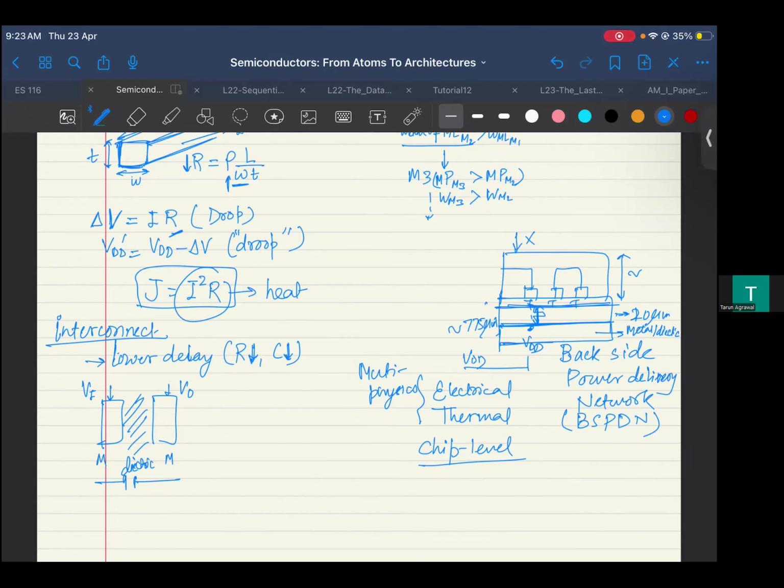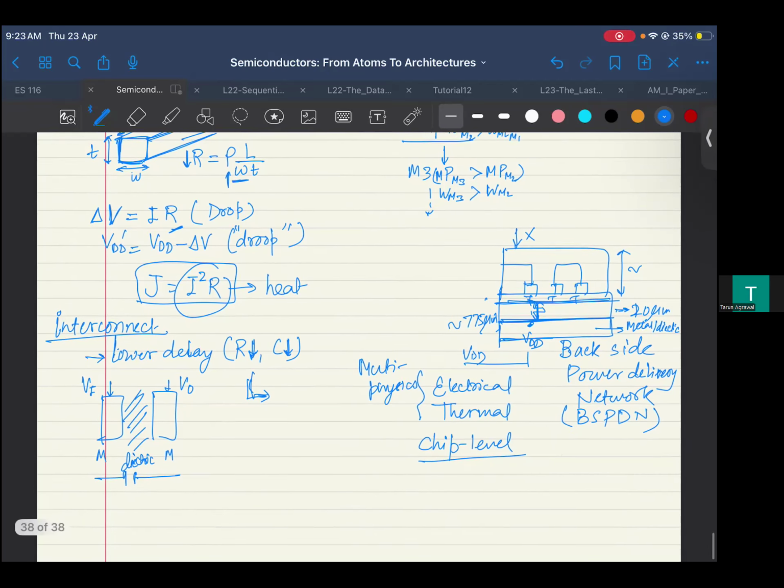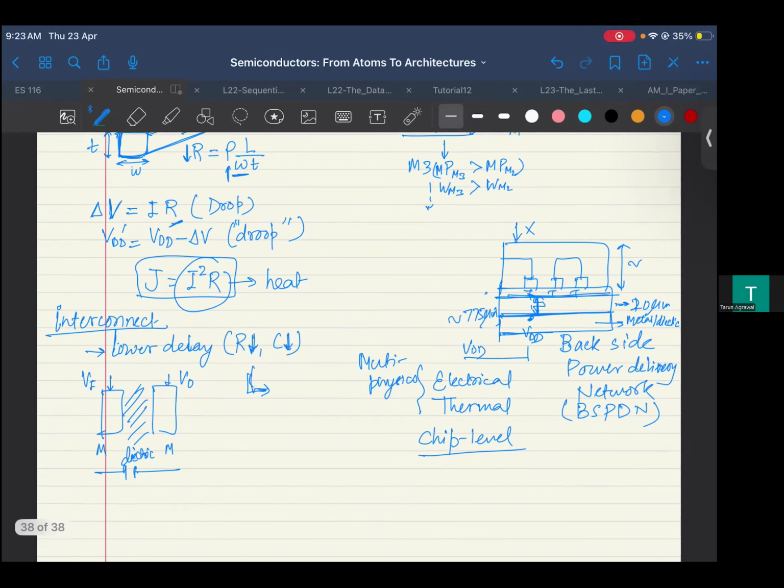Another idea is that now we saw that we kind of divided this interconnect, or you could find a better way of structuring these devices. Suppose, for example, there is a particular kind of device which people know as SRAM. We had talked about this even in the last video.